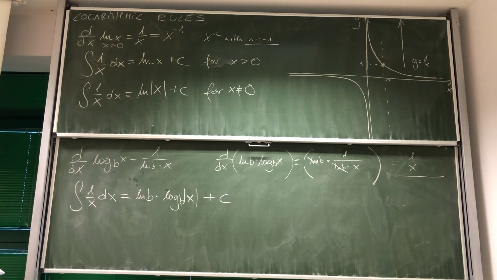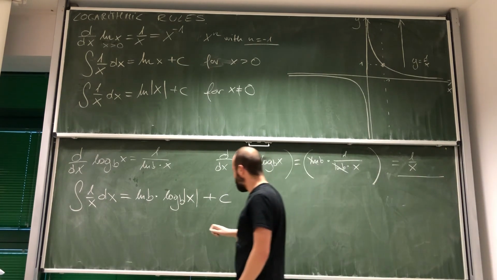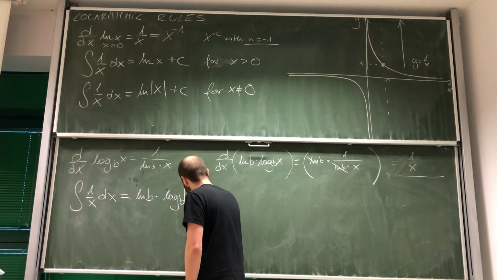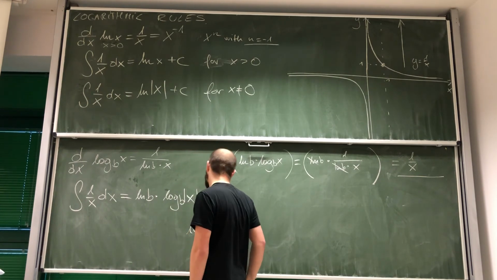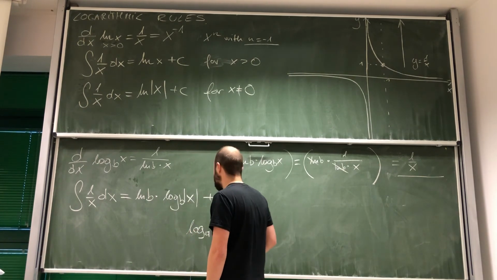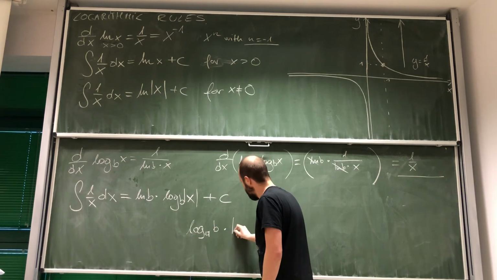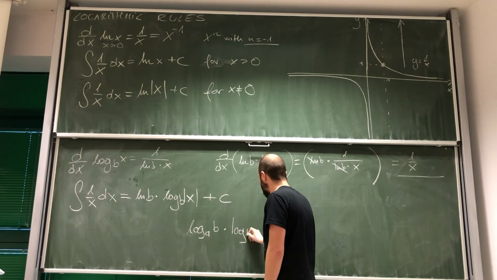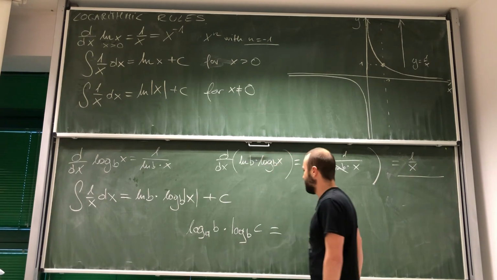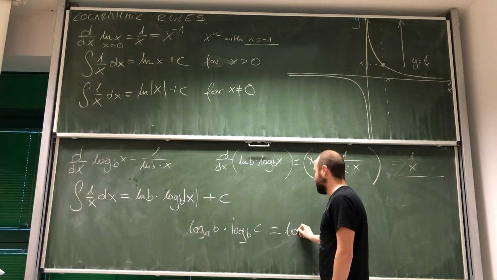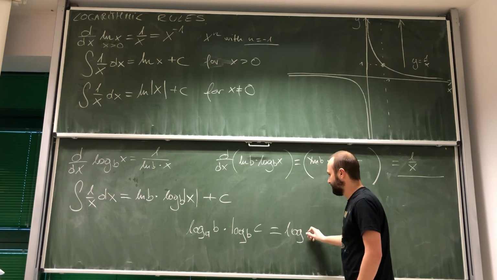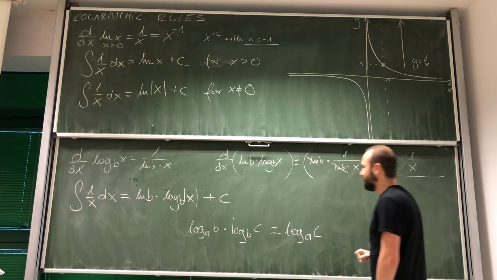steps to get it. Because look, based on the logarithmic rule, the logarithm with base a of b times the logarithm with base b of c is equal to the logarithm with base a of c.